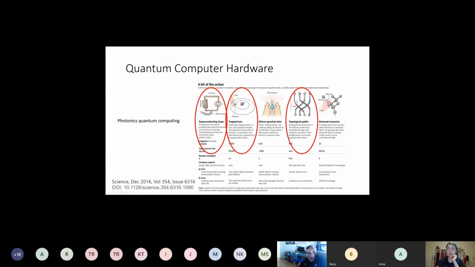So Microsoft is doing this type, but for the other kinds, there is still a lot of research being done, but the bigger companies haven't used these much in their scalable solutions. So the biggest competitors are these ones. And also, this paper did not mention photonic quantum computing. It's also quite new, and it could have some potential there too.